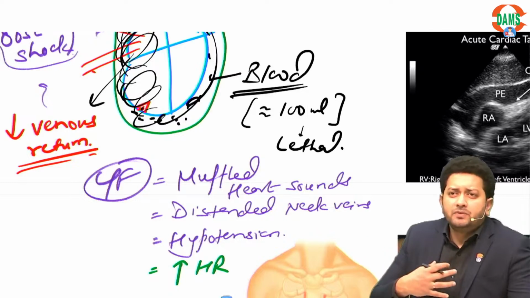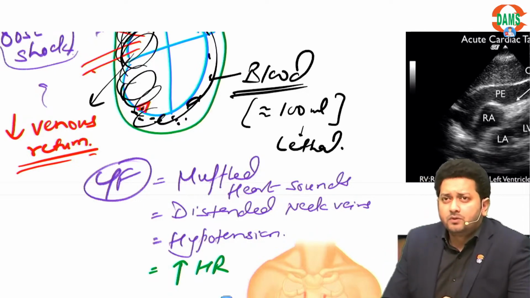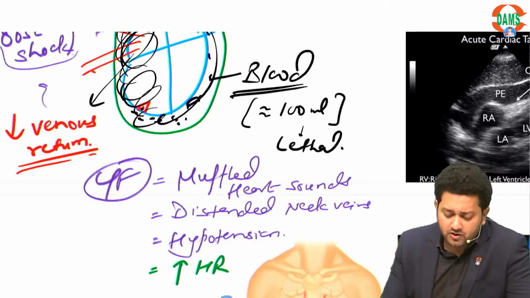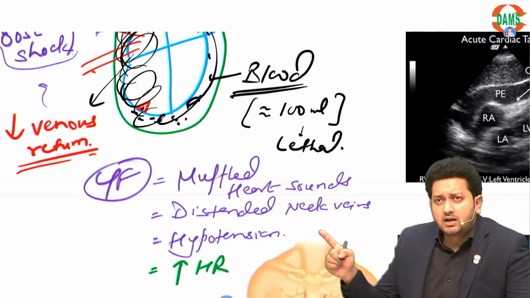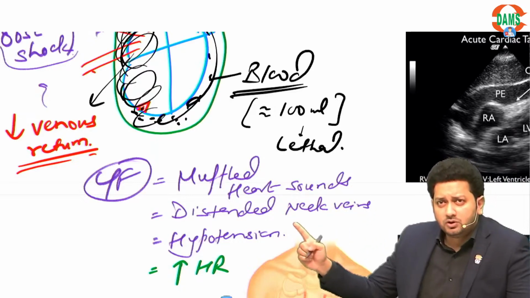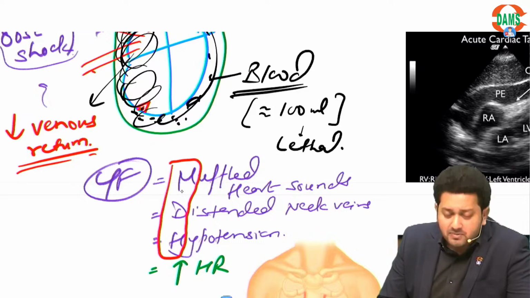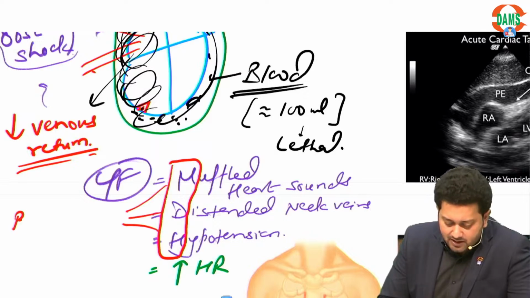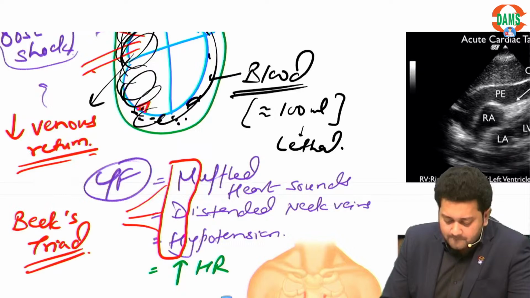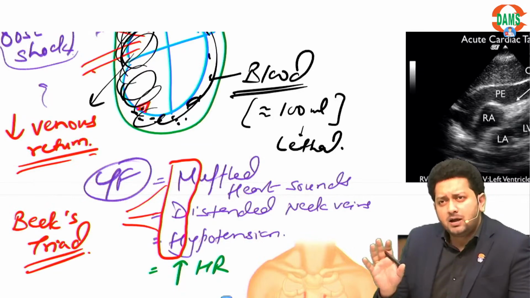Respiratory wise, the patient does not have a problem in breathing. Okay, so somebody asked, this is how you differentiate whether it is a cardiac tamponade or a pneumo or hemothorax. These three things, okay, you can remember it with the mnemonic MDH. These three things are known as Beck's triad. Okay, so this is Beck's triad.